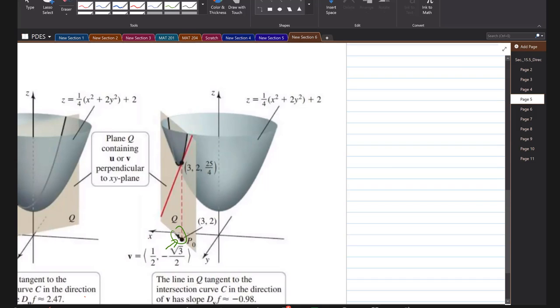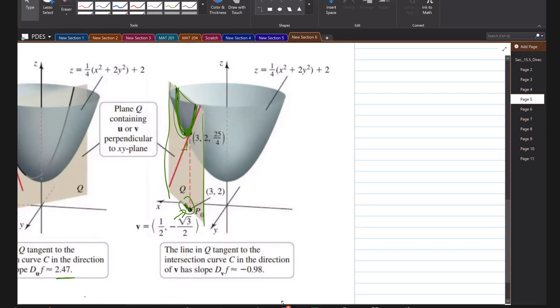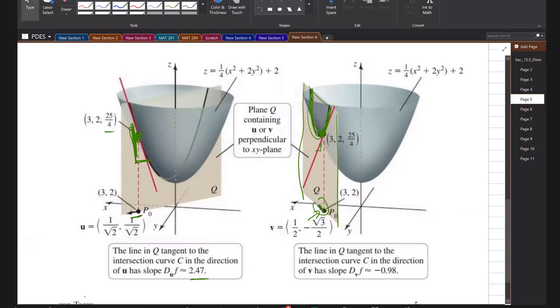If I step in that direction, then the corresponding plane intersected with our surface forms a curve right here that I've just highlighted in green. And if I go onto my surface and I take that particular curve and ask, what is the slope of the tangent line right there? As we move in that U direction, we've got a negative slope. Whereas when we move in that V direction, we have a positive slope.